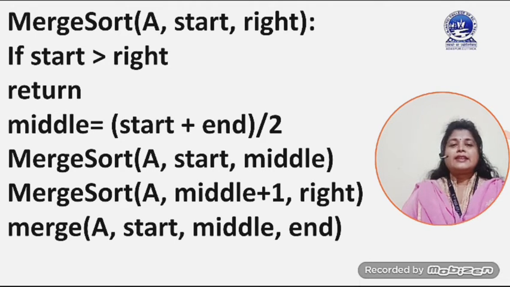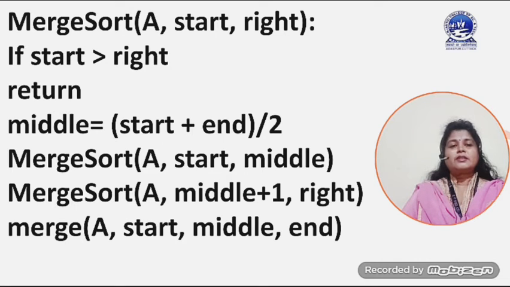Then next, merge sort A, start, middle. Here we are calling the merge sort function recursively, and in this step we are calling it on the first sub list, the first half, which is basically the left side. And then again we are using the merge sort function, and here we are passing the parameters A, middle plus one, right. It means we are using the next sub list.